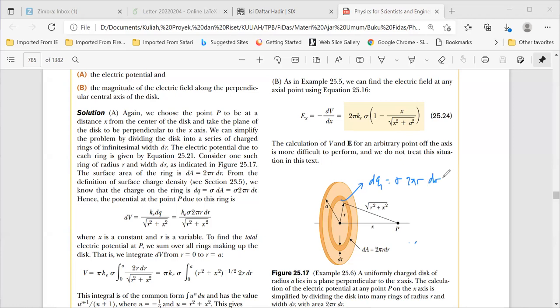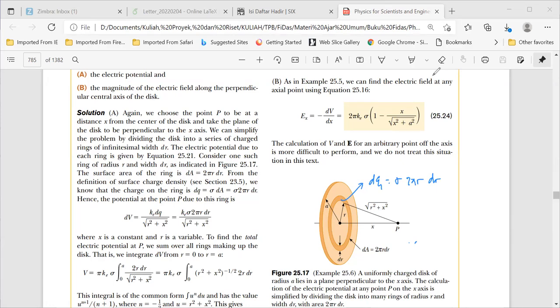Because the disk has a radius a, you just integrate, and you will get V exactly like this.